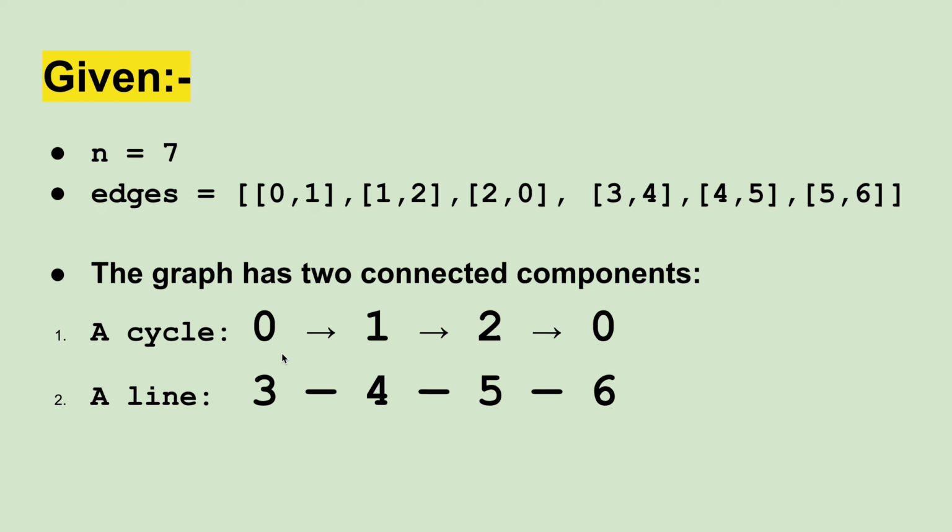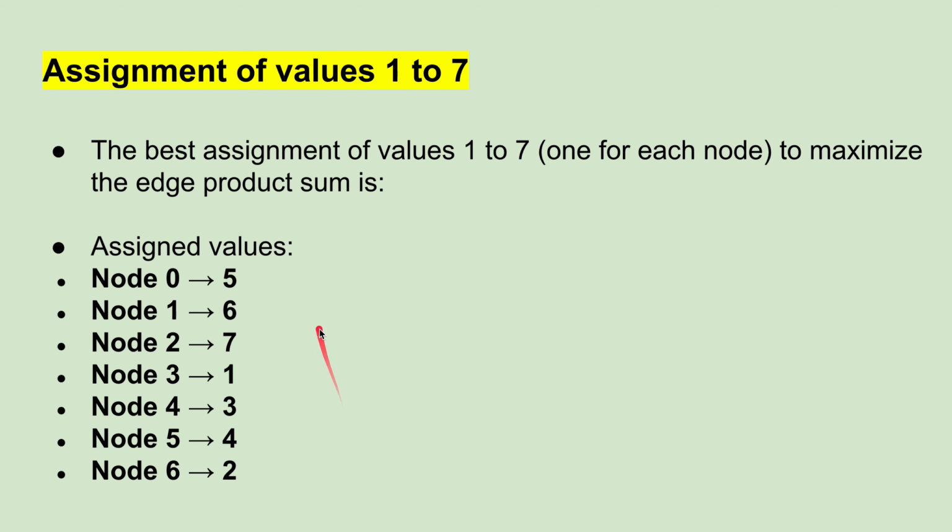You will say, why are you saying the same thing again? Because if you understand this example, you will understand everything, okay? So we have one cycle, one line. After testing all the possible assignments, the permutations of values 1 to 7, the optimal assignment is: 0 will go to 5, 1 will go to 6, 2 will go to 7, and like this the values get assigned to these nodes.